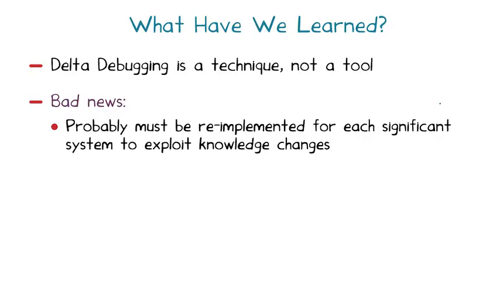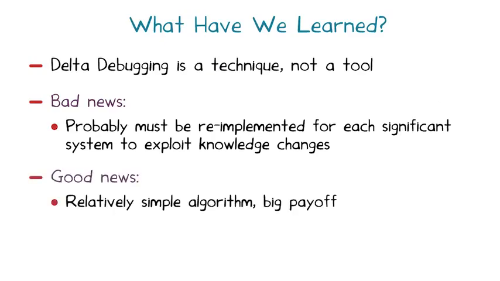Perhaps a line or a character is an elementary change for the browser, whereas a binary flag is an elementary change for the compiler. The good news is that the delta debugging algorithm is relatively simple and provides excellent payoff for the effort it takes to implement it. Therefore, it is worth re-implementing it across several systems.